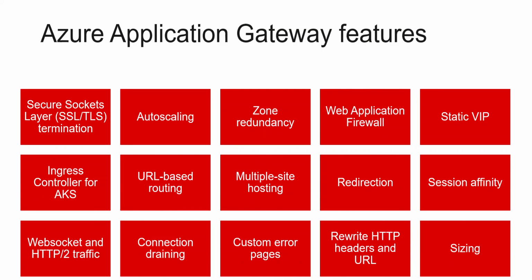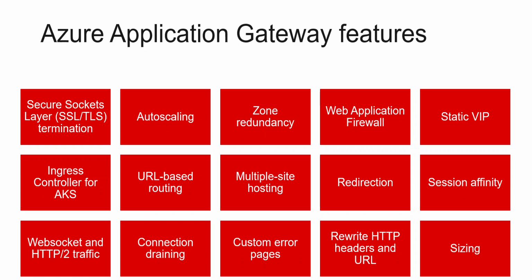So the application gateway has so many features. There is secure socket layer termination, auto scaling, zone redundancy, and web application firewall. It has a static virtual IP and an ingress controller for AKS.